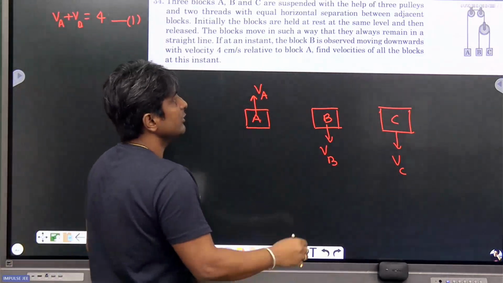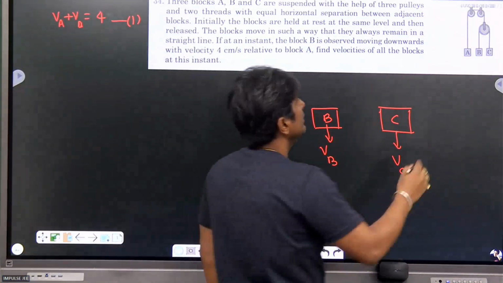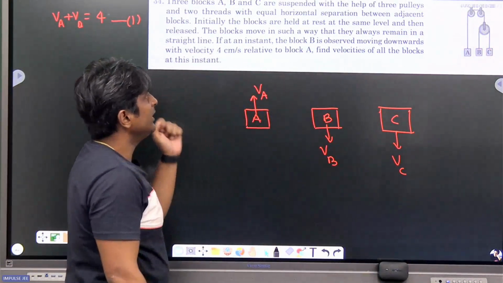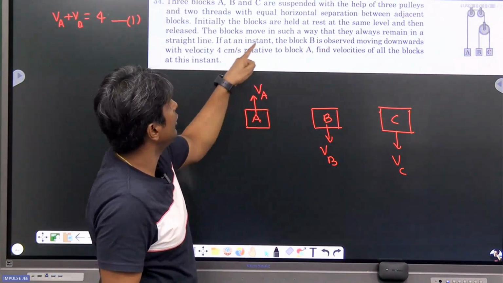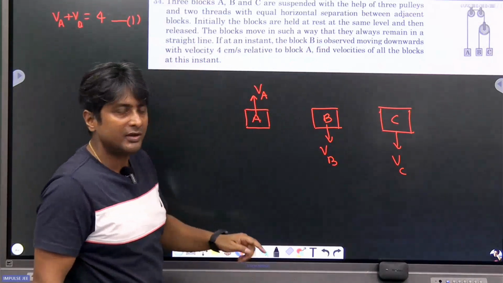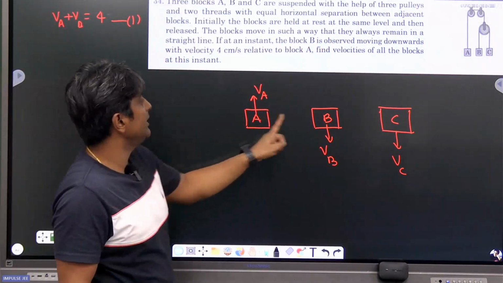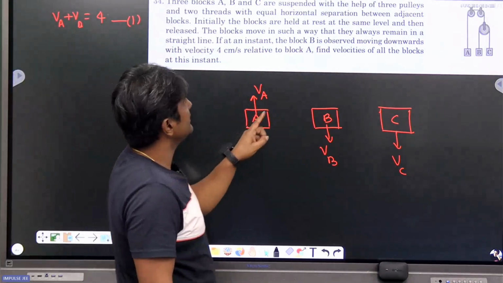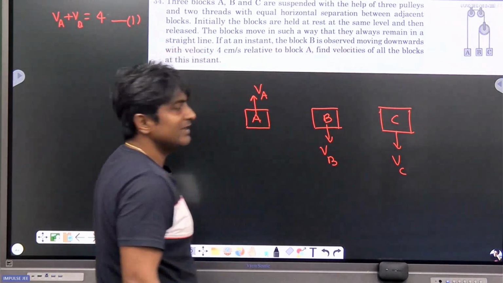The other equation we can make through this constraint relationship, and another one with the relative velocity concept, which is given through this statement, that they always remain in the same straight line. So I have used the relative velocity concept between A and B. Again, we can use the relative velocity concept from this statement that all remain in the same straight line.